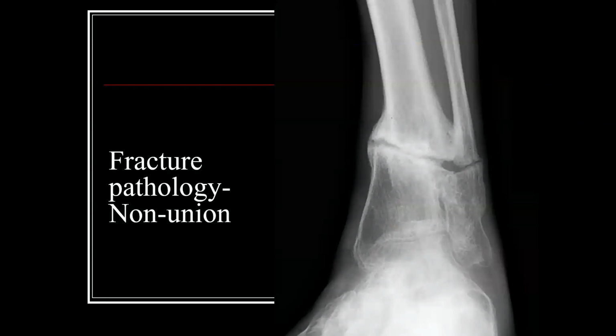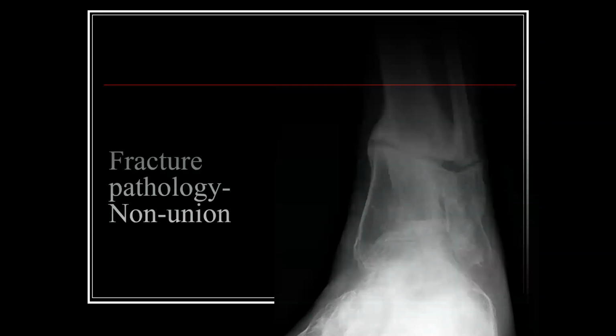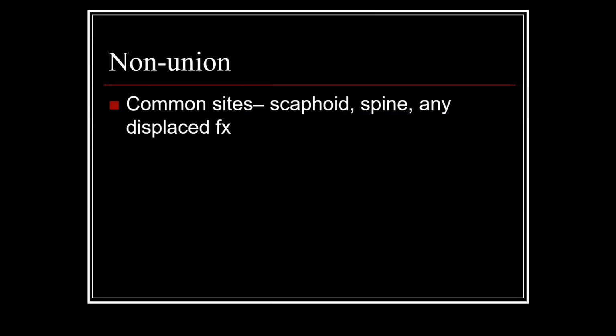Now, one of the problems that sometimes besets us with fractures is evaluating the pathologic healing process where there is non-union. And essentially in this situation, you're forming a secondary pseudarthrosis. So what do we mean by that? What is associated with non-union? Well, there are several common sites where this can happen, particularly in the spine or in the scaphoid bones in the hand.